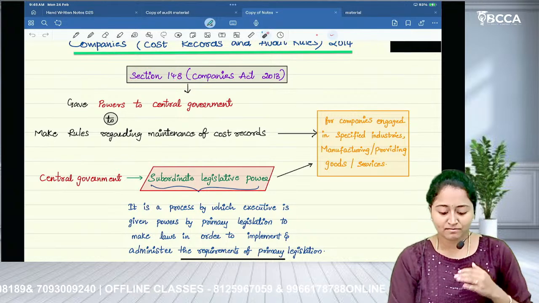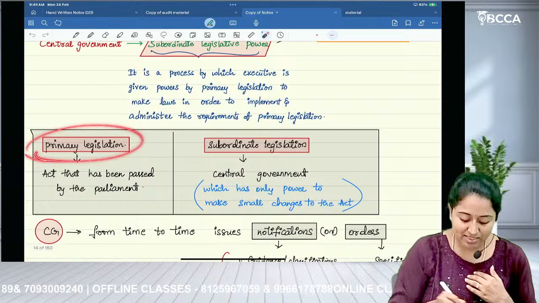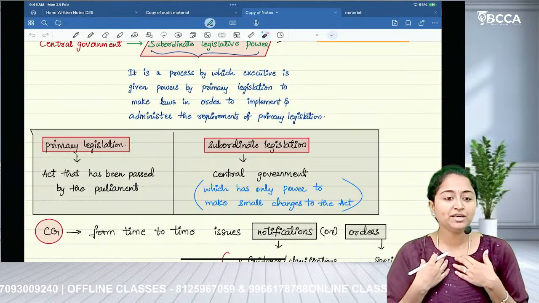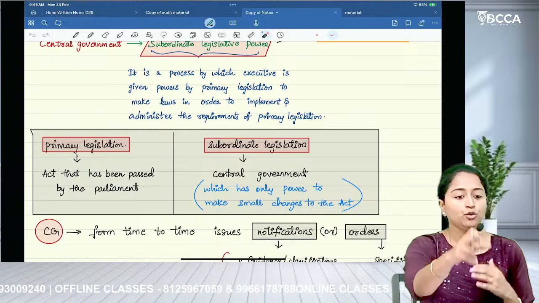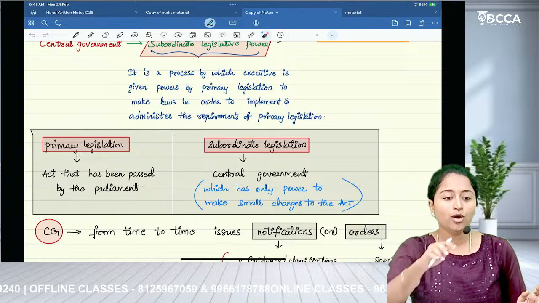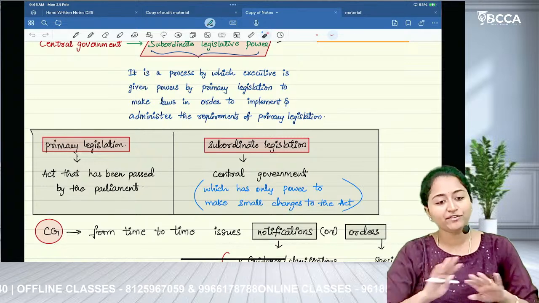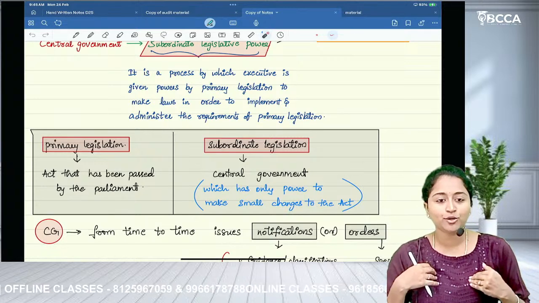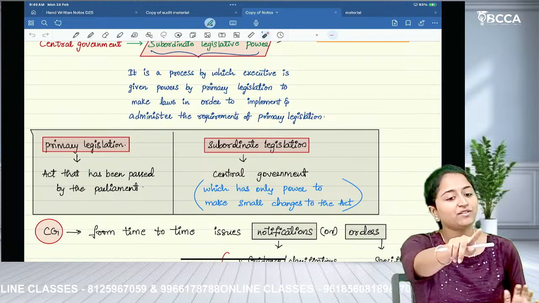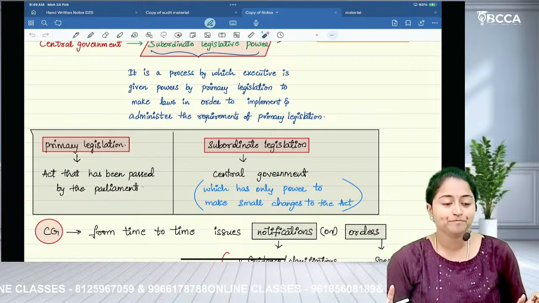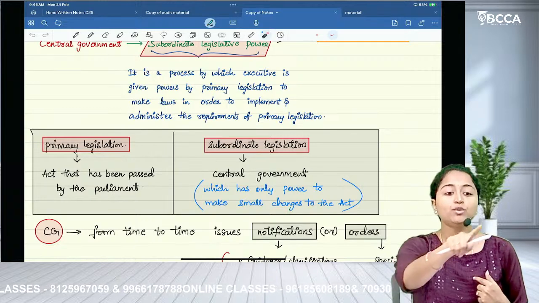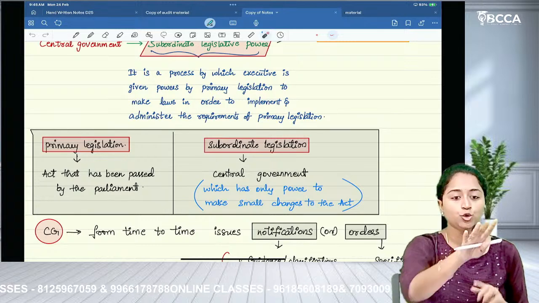Primary legislation is nothing but me. For example, I am giving you the power to make changes in whatever material I have given to you. I have given everything in your concept book, whatever I am going to take in my class or whatever you have in your syllabus. I have given you power that you can make any changes that you want.